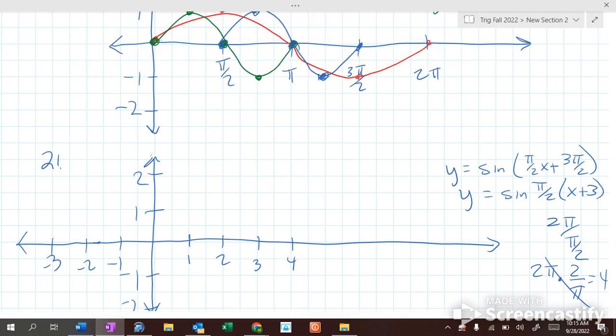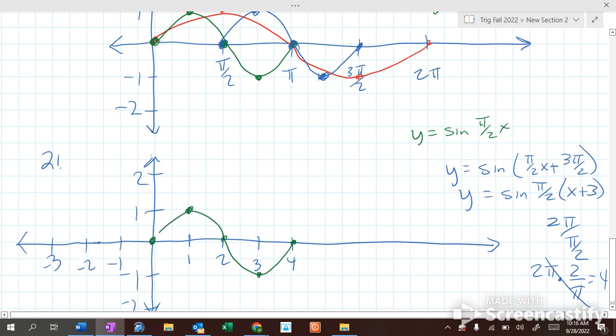So I'm going to graph y equals sine of pi over 2x first, which starts at 0, goes to 1, goes to 0, goes to negative 1, goes to 0. I'm going to end up at 4 because this is what it tells me. If I have pi over 2, then my period is 4 long. Not 4 pi, but 4. Just the number 4. So my whole cycle ends up in 4.